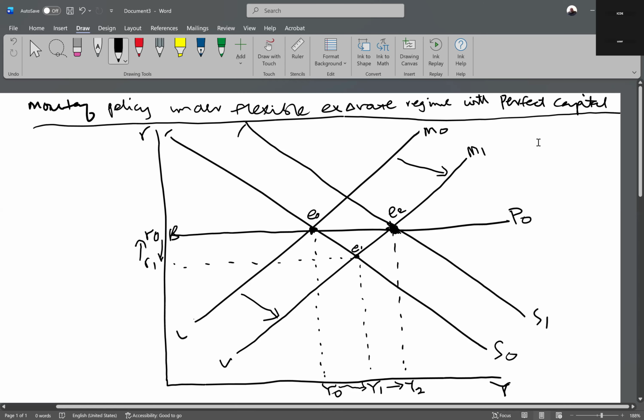So it means that monetary policy is very effective, because income and output increase further. So monetary policy is very effective under flexible exchange rates with perfect capital mobility.